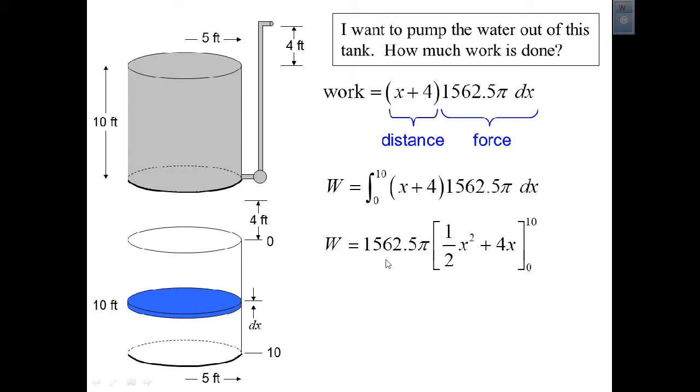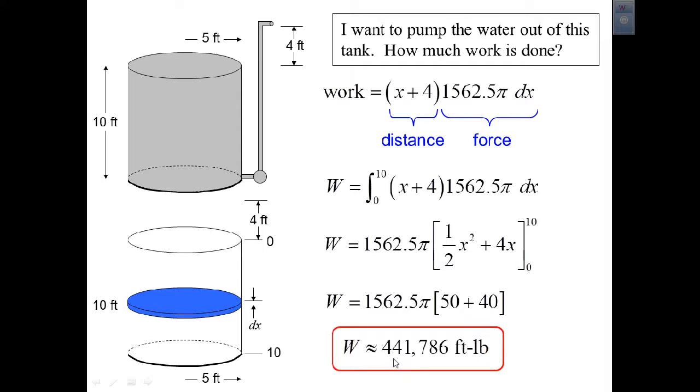Alright, so when we integrate, we can pull the constant out and integrate only what's left inside. So we end up with 1/2 x squared plus 4x evaluated from 0 to 10. And that's going to give us 50 plus 40, which is 90, times the 1562.5 pi.